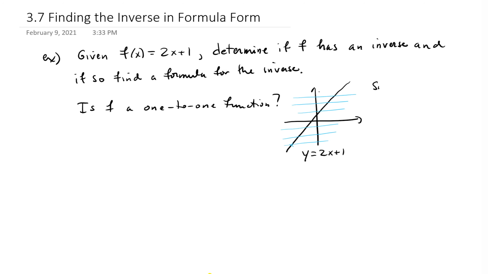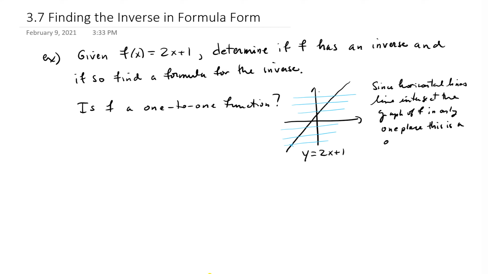So since horizontal lines intersect, this is the horizontal line test, the graph of f in only one place, this is a 1-to-1 function, which means there's an inverse.